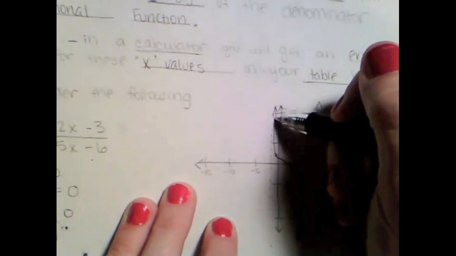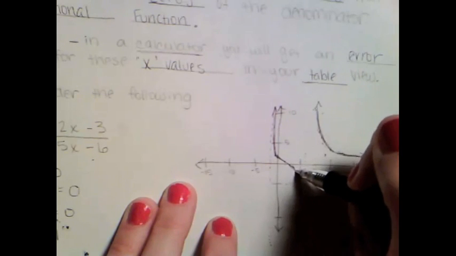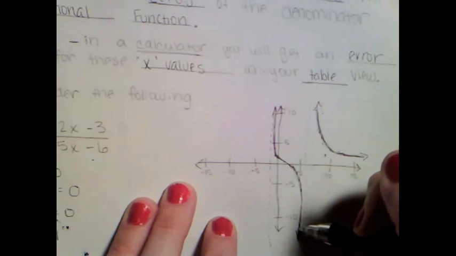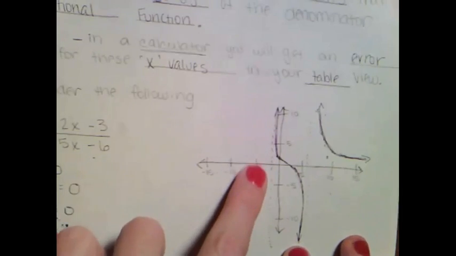So an asymptote, remember, is a line that a function will get increasingly close to but never actually touch. Because if it touched that value, then we would have that denominator of 0, which we cannot have.